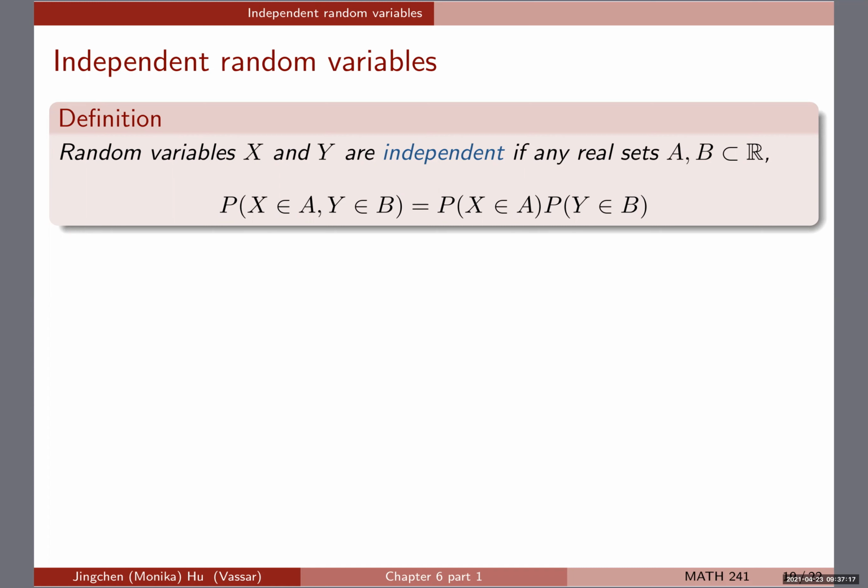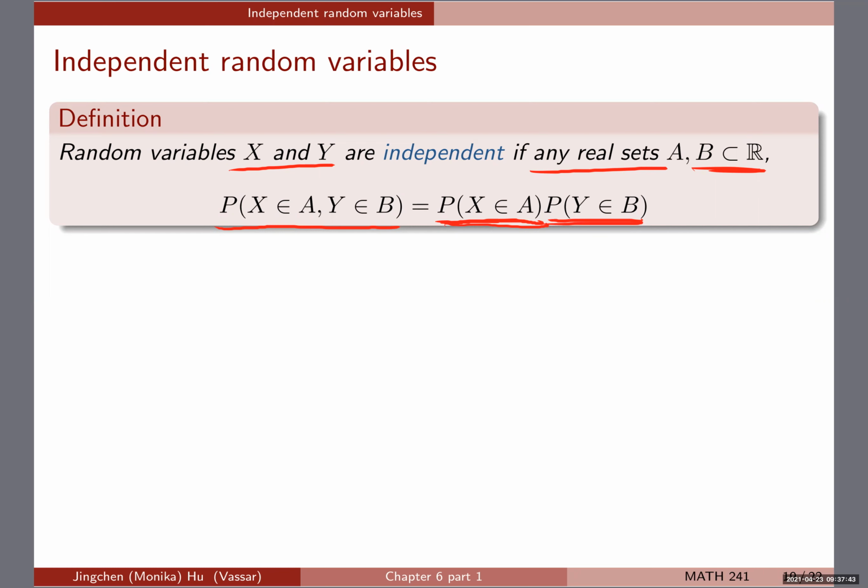The random variables X and Y are independent if for any real sets A, B on the real line, the joint probability of X is within A and Y is within B is the product of the marginal probability of X within A multiplied with the marginal probability of Y within B. So this is the definition itself.